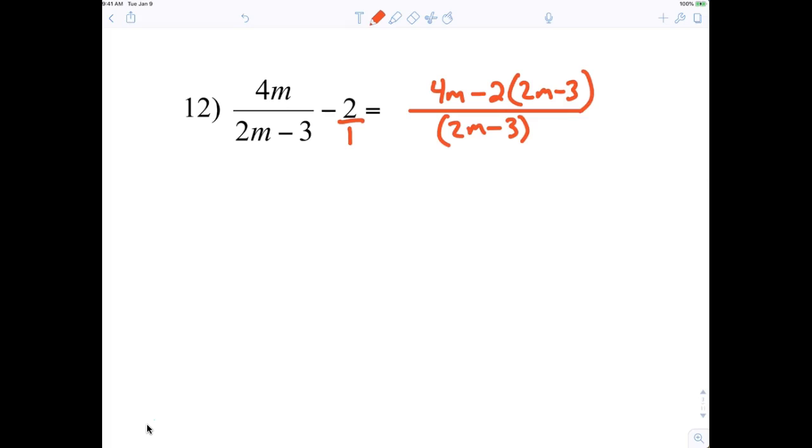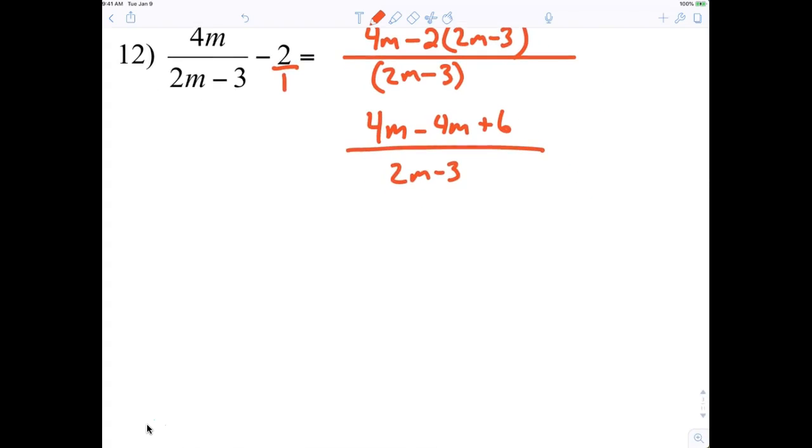That's how I want you to work those things. All right, now distribute for me. And then we get 4m minus 4m plus 6. Beautiful. Over 2m.